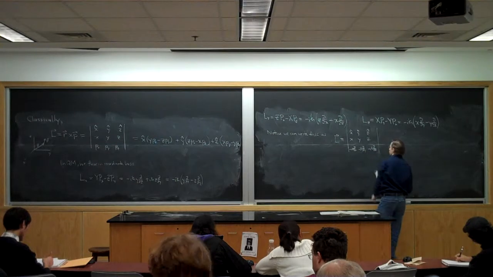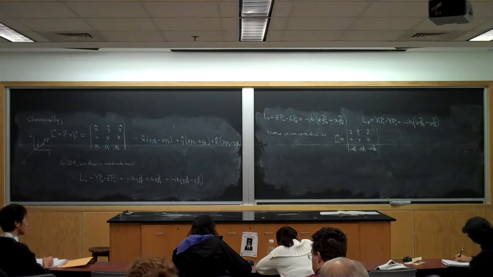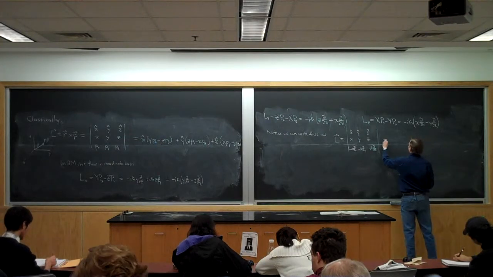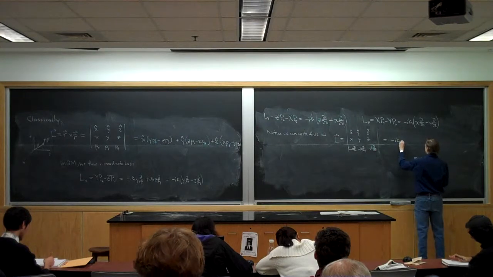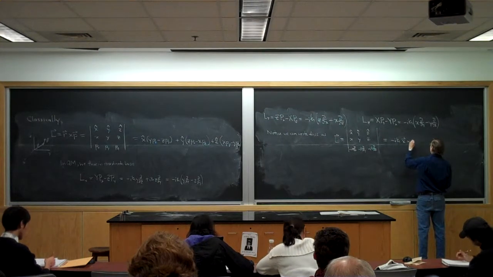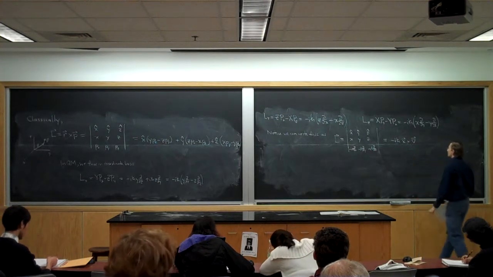What I said before, you just plug in the operators for px, py, and pz, and symbolically, that's equal to minus iħ times x vector cross grad.